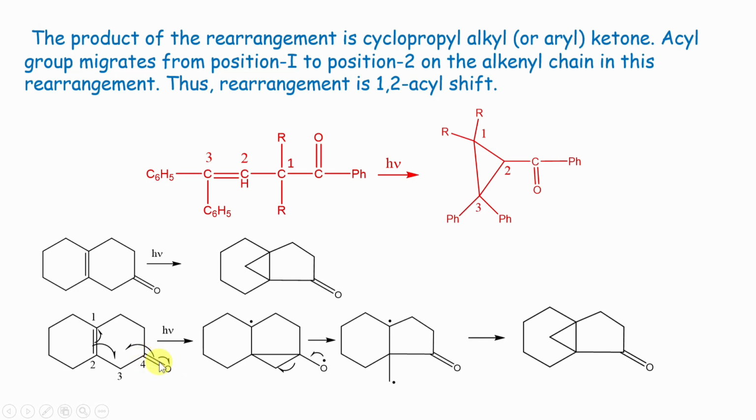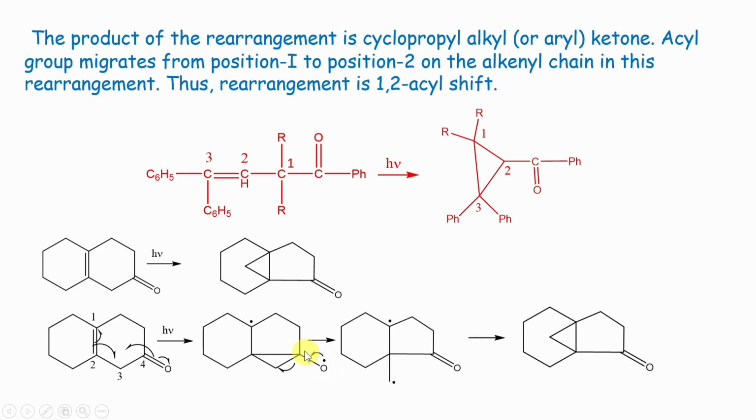Homolysis of the carbonyl group also takes place, and so this carbon becomes a radical and this oxygen also becomes a radical, and this carbon radical and this carbon radical make a cyclopropyl ring, so that you will get this biradical, and this biradical rearranges by the breaking of this carbon-carbon bond.